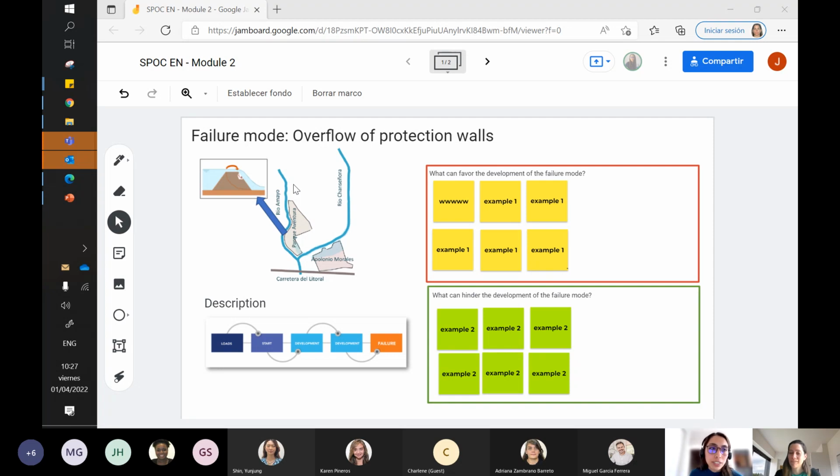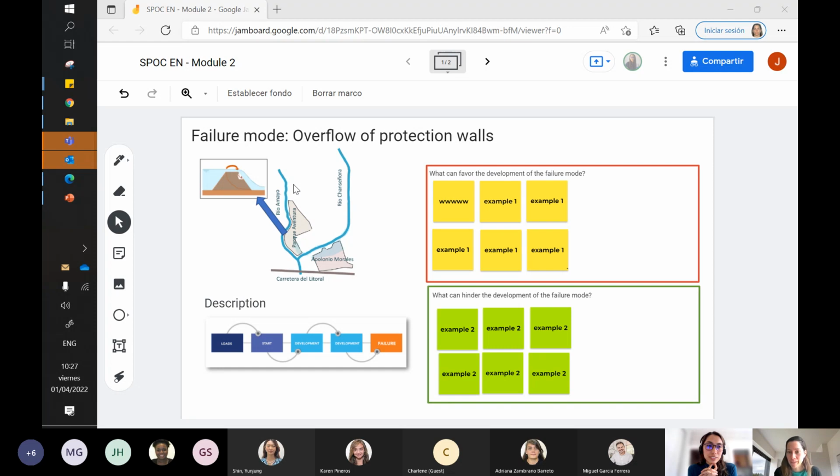We are going to assess what happens if the water that's flowing in the river reaches a height higher than the protection wall. And we want to see what happens if that failure of the design happens. I don't know if that's clear.